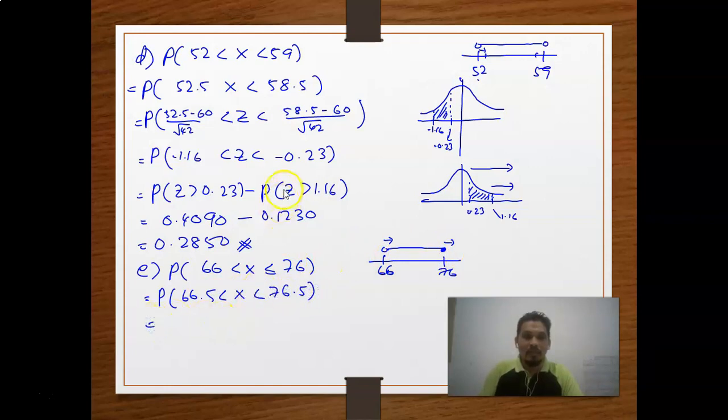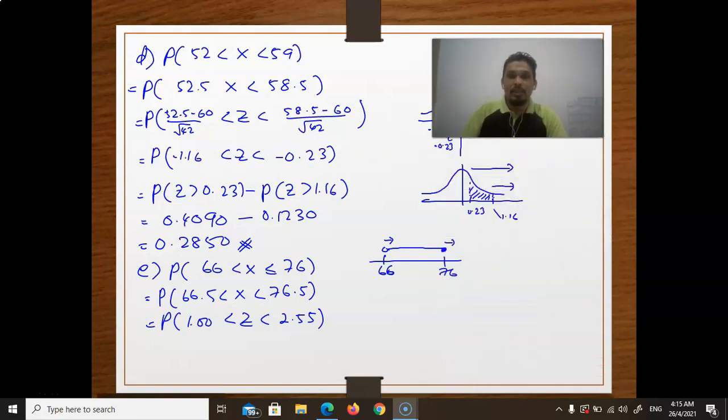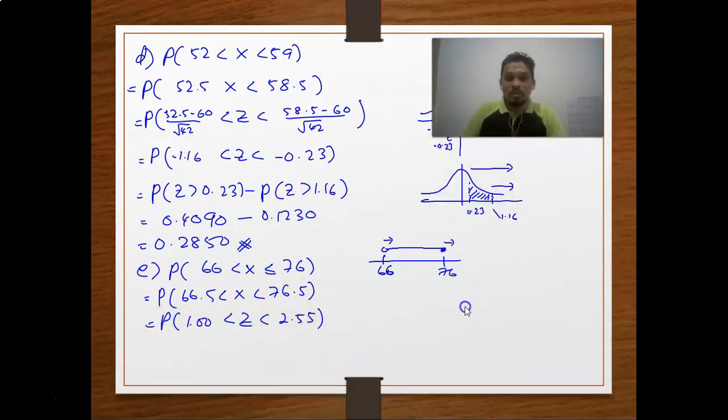Okay, and taking the step of this, it gives you 1.00 and 2.55. I straightly gave the answer according to my notes here. And now let's sketch the graph.